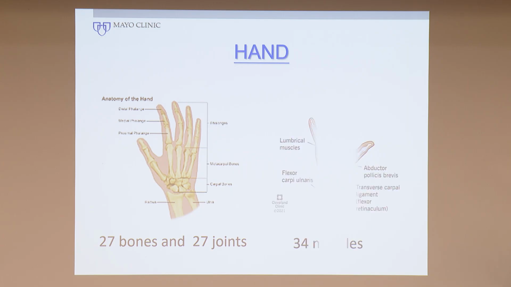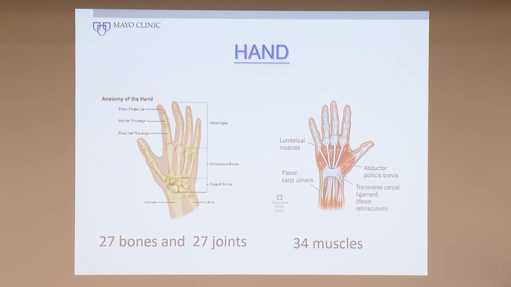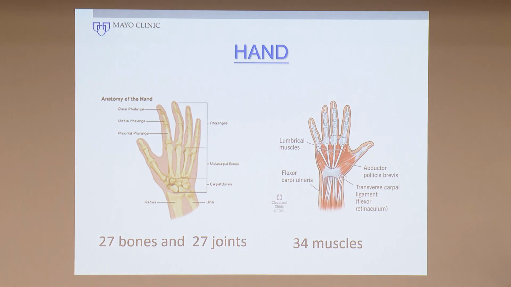Of course, we have muscles as well. We have 34 muscles. Most of them are intrinsic muscles, which are the muscles in the hand. And we have muscles in the forearm, which come to the hand through tendons.